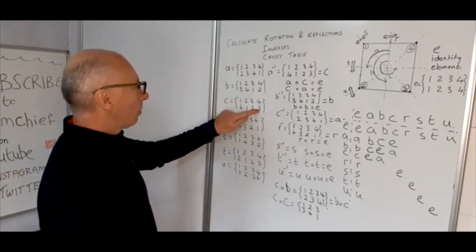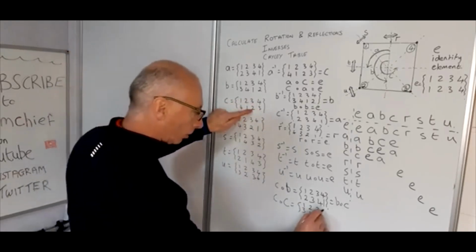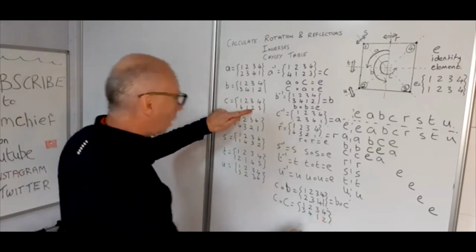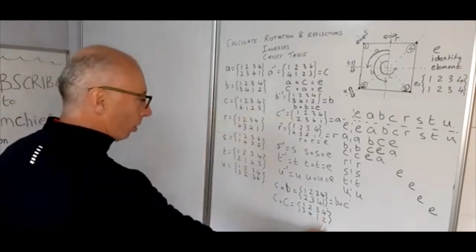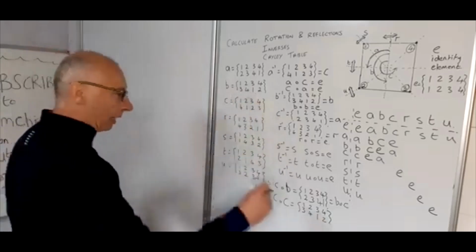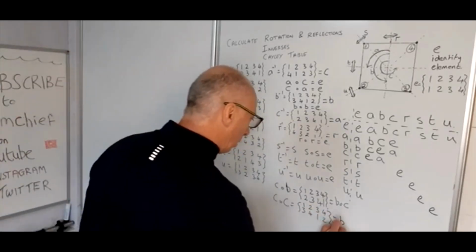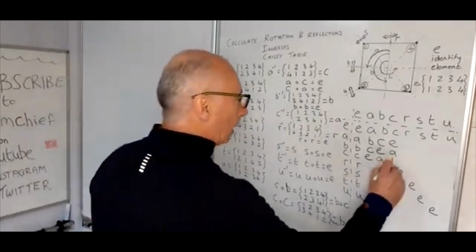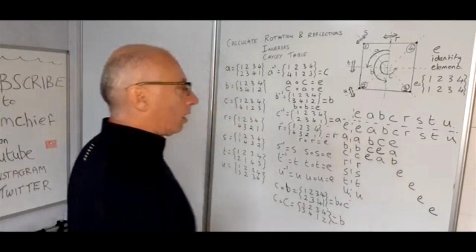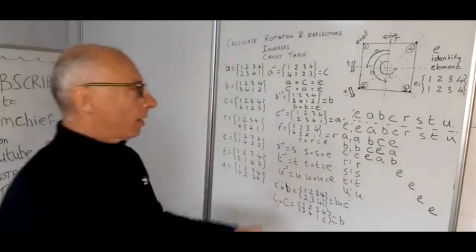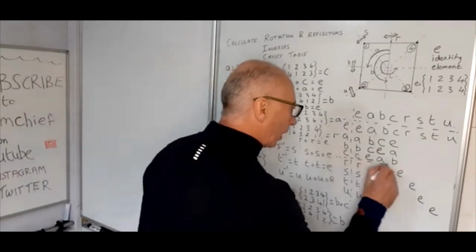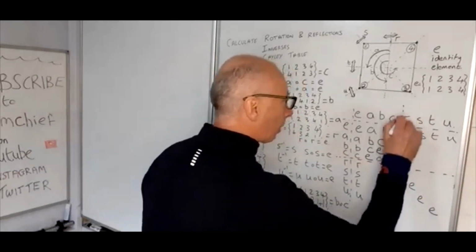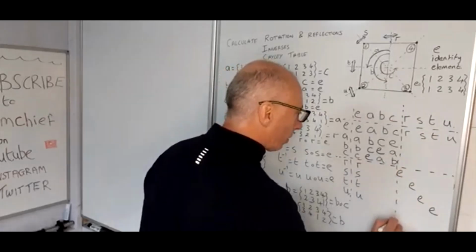The 4 goes to 3, and the 3 goes to 2. So 3, 4, 1, 2 is the equivalent of our B. So this equals B. So we put the B in there. Okay, so that's the first part of the Cayley table, and that takes care of the rotations.